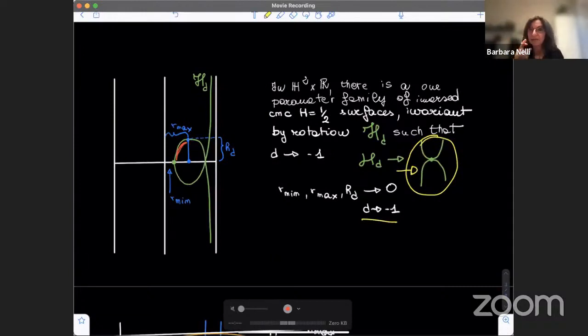This is quite different from, for example, the catenoidal case, the catenoids in R3. You know that the catenoids in R3, when you shrink them, converge to the double cover of the plane.